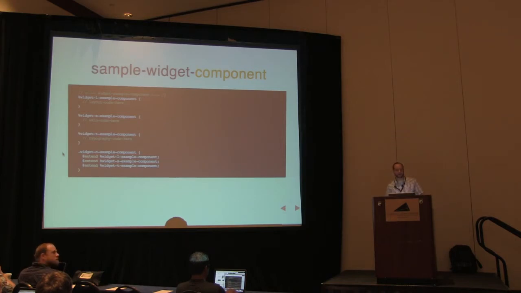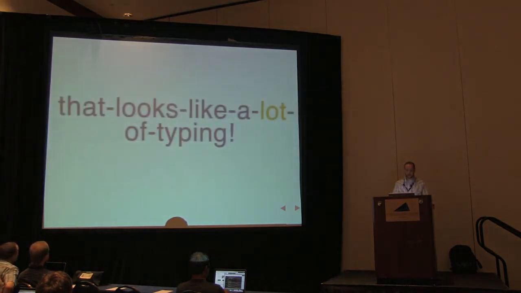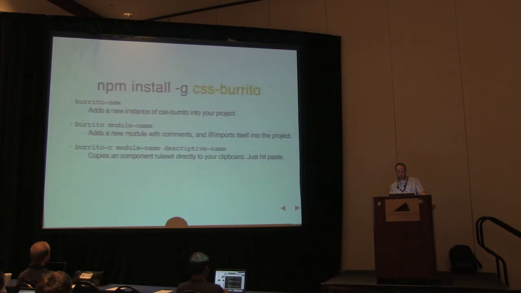But I imagine one thing that you could be thinking is, man, that looks like a lot of typing, right? Typing that every time with the placeholders and everything. So that is where CSS-burrito comes to the rescue. It is a global NPM module that you can use, and it will do 3 actions for you.